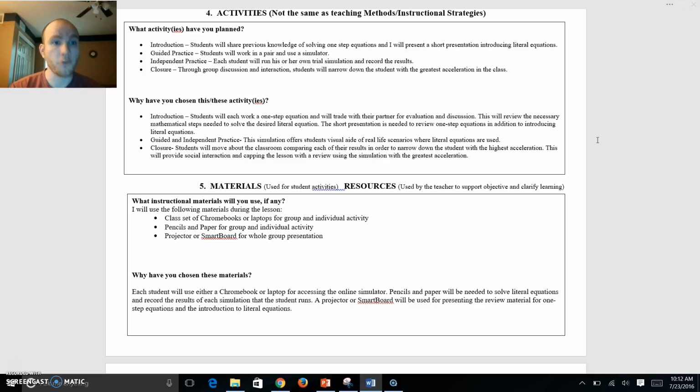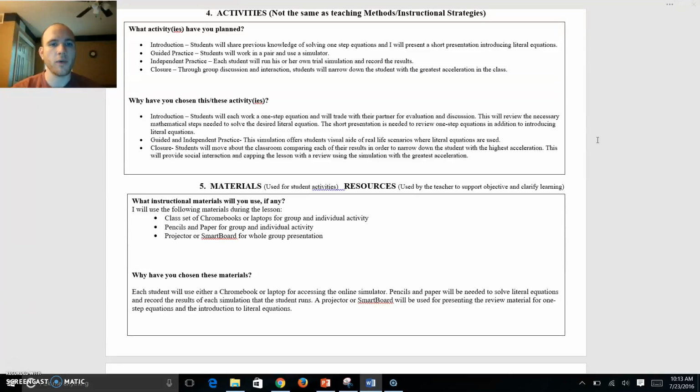So for the guided practice, let's move back up to the activities in the plan. For the guided practice, students will work in a pair and use a simulator. And why have I chosen the simulator? The simulation offers students visual aid of real-life scenarios where literal equations are used. So I think the simulator ties the math and science together.